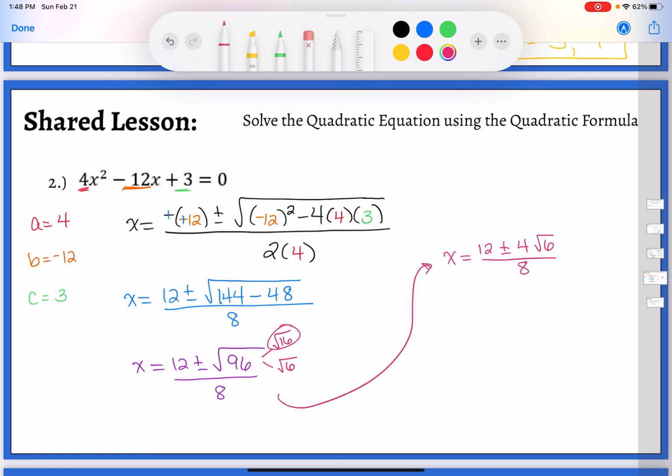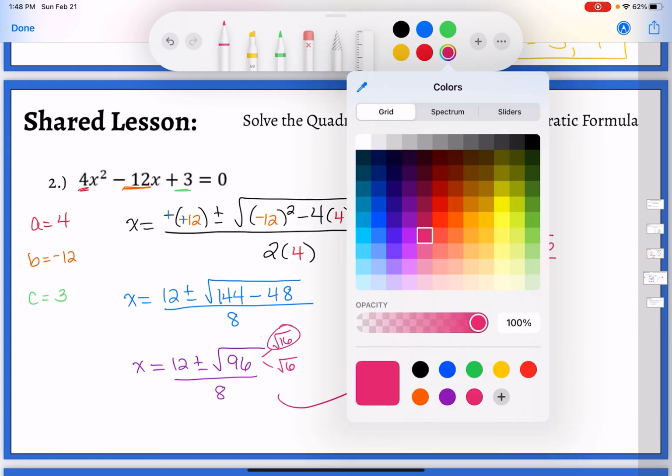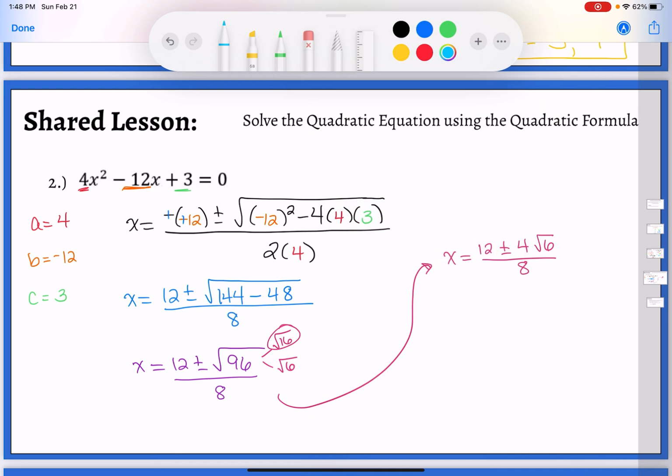Okay. Now, I see I have numbers outside the radical: I have 12, I have 4, and I have 8. So if you're good at canceling those out, really think about it. I always recommend that you think of this as factoring out a GCF on the top, though. What would be the outside GCF? It would be 4.